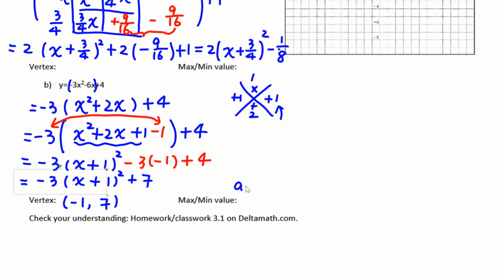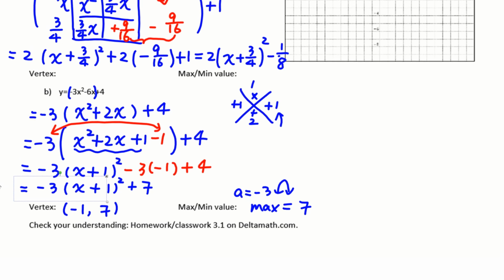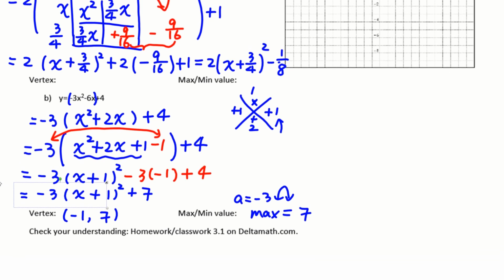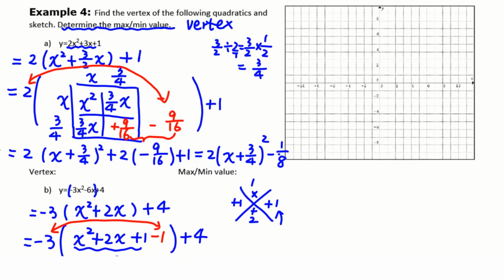Because a is -3, we know it opens down. So we have a maximum value at the vertex, that is your y value. So we are going to graph B on the grid given. So -1, positive 7 is your vertex.